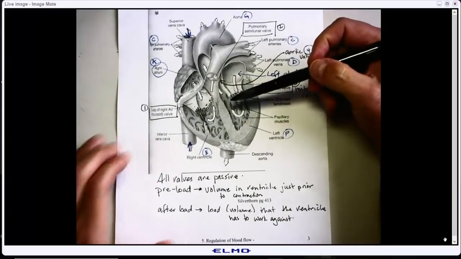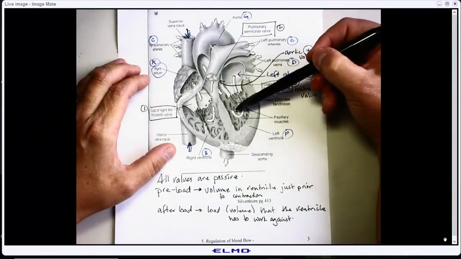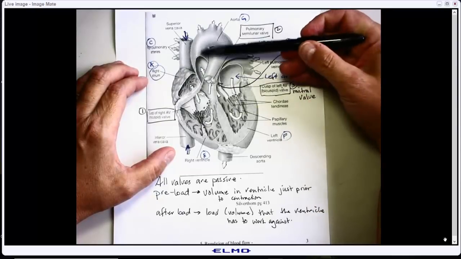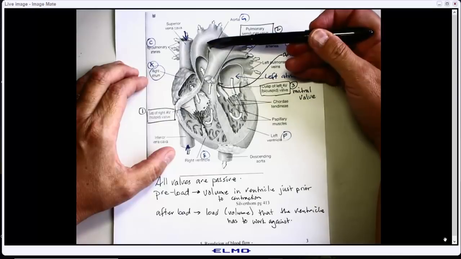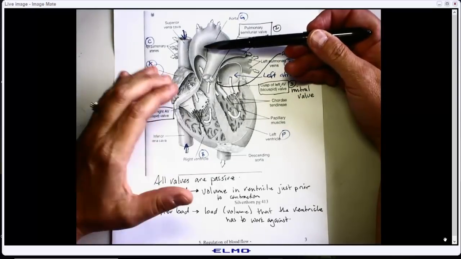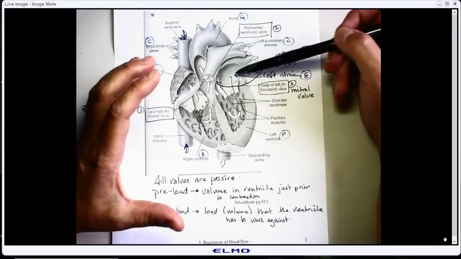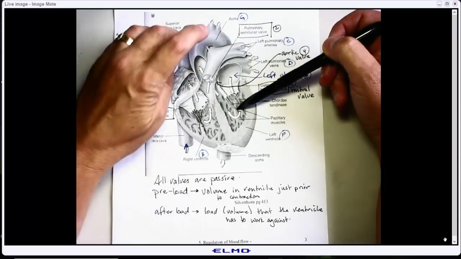Okay, so what I mean by that is, we've got a volume in the ventricle just prior to contraction, but just prior to contraction too, there's a volume in the aorta too, isn't there? Because it's a closed system, right? So there has to be volume filling all these things. So as this ventricle is filling, there's volume sitting out here.